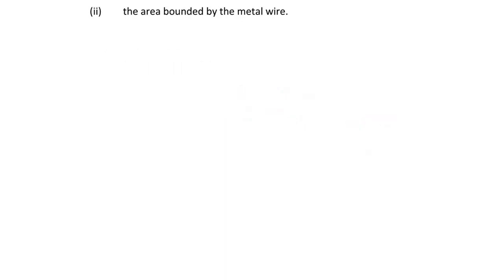For Roman 2, we are supposed to find the area bounded by the metal wire. Okay, so for this one, the area bounded by the metal wire is just the area of a semicircle. For this one, we have to remember the formula of an area of a semicircle, which says area equals to pi r squared over 2.